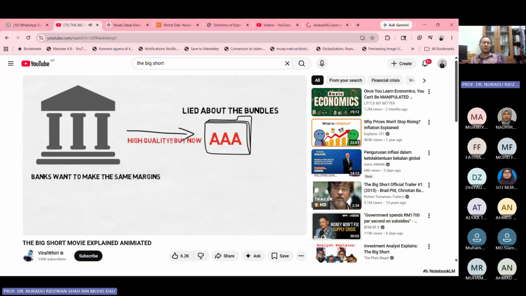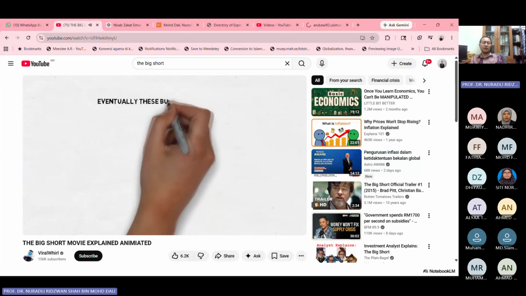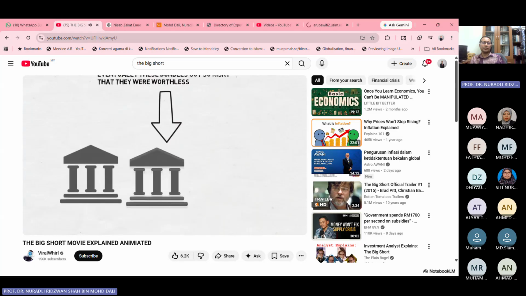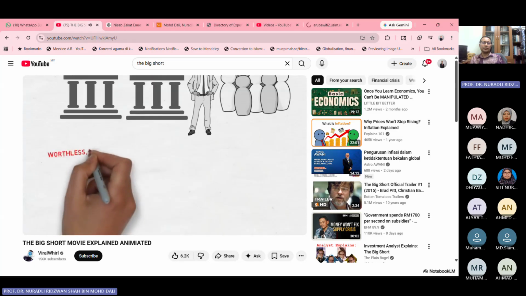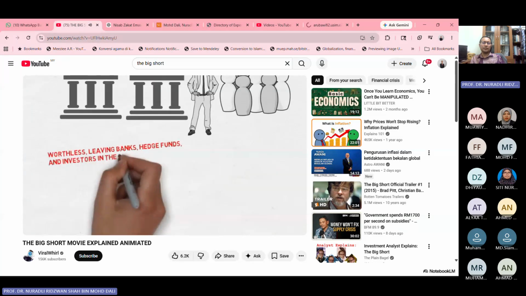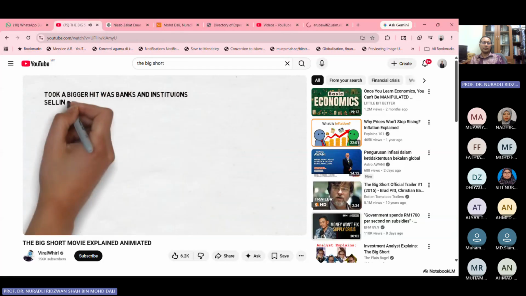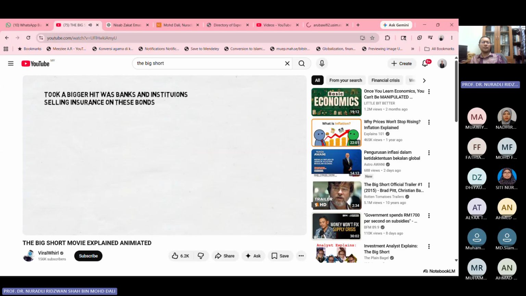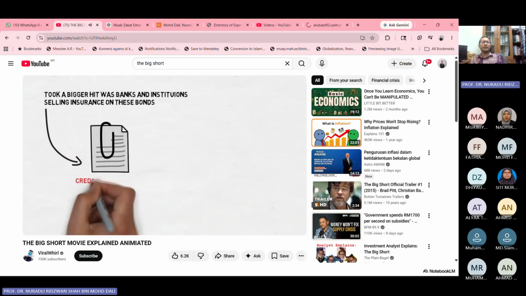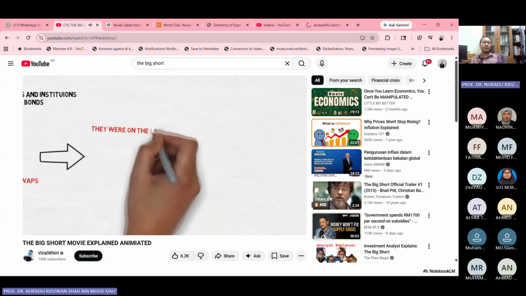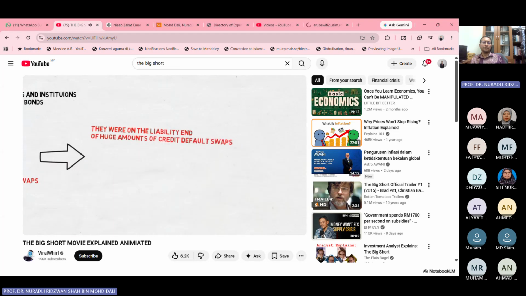Eventually, these bundles got so risky that they were worthless, leaving hedge funds, banks, and investors all in the red. But who took an even bigger hit were the banks and institutions selling insurance on those instruments in the form of credit default swaps. They were on the liability end of huge amounts of credit default swaps. So they were deep in the red.